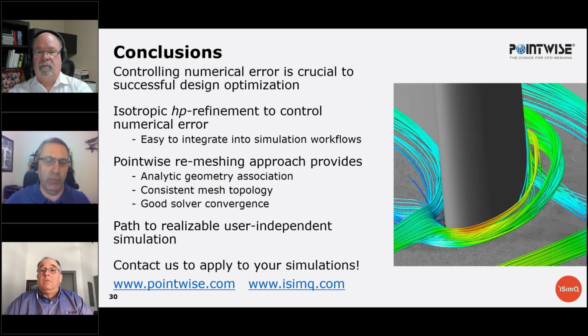And we believe that in addition to all of this, this is a realizable path to user-independent simulation, because we're also working on generating that best practice baseline mesh in a user-independent way. If you combine that with this user-independent mesh adaptation, you're now looking at something where the user does not need to be as highly involved.